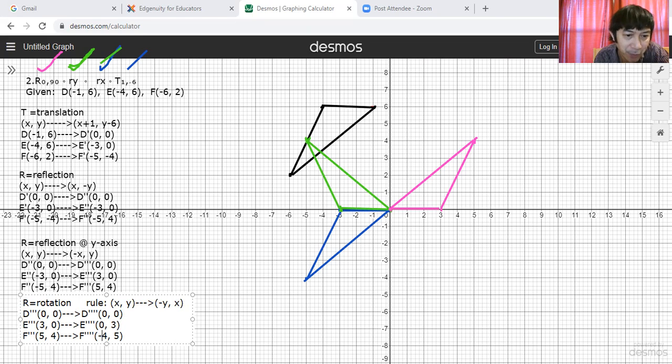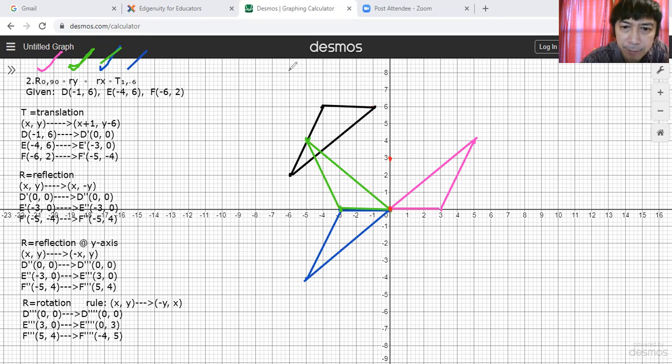All right, so we're going to have the output from here. Let's choose the red color. 0 0 will still be at the point of origin. That's the red point. 0 3 is 3 units up. And then negative 4, 5 is in the second quadrant.